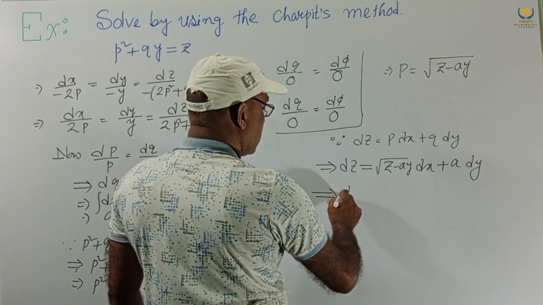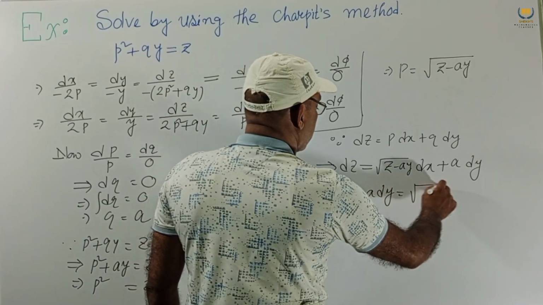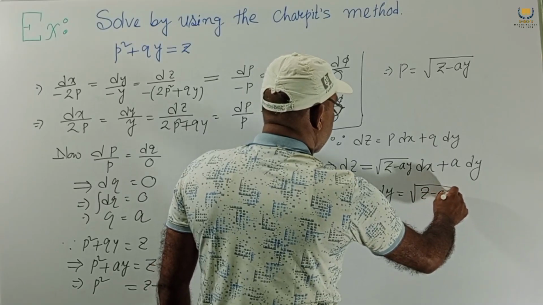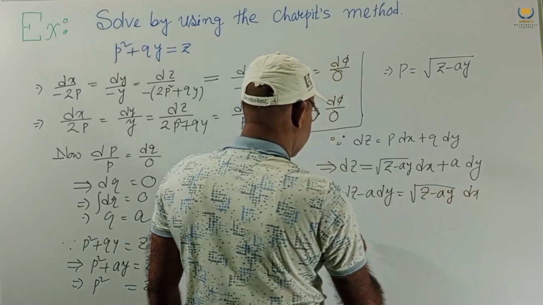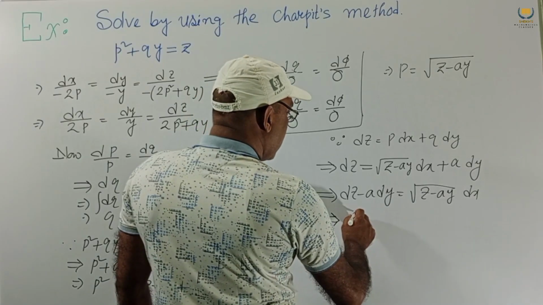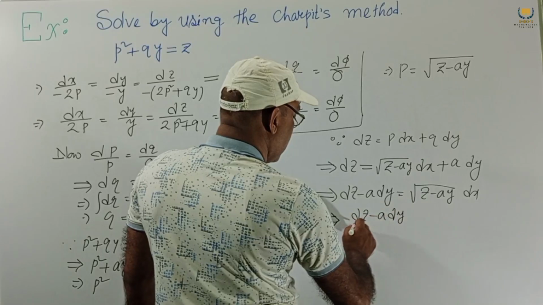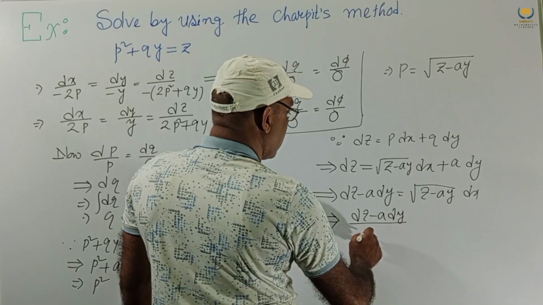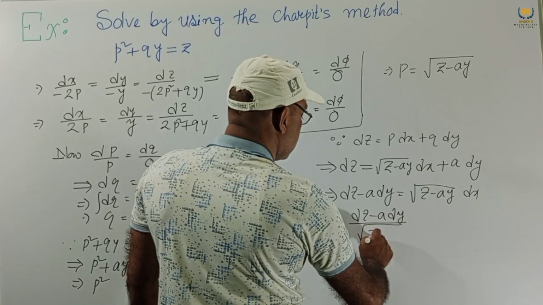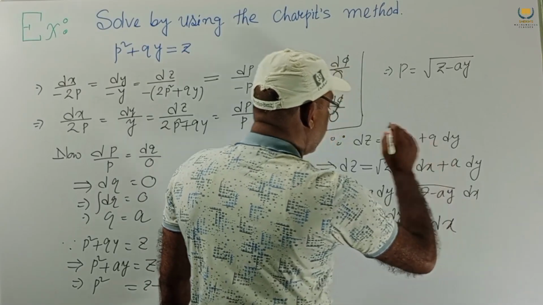This is dz minus a dy equal to root over z minus ay dx. This implies dz minus a dy divided by root over z minus ay equal to dx.